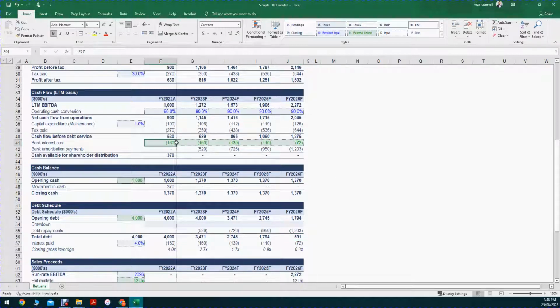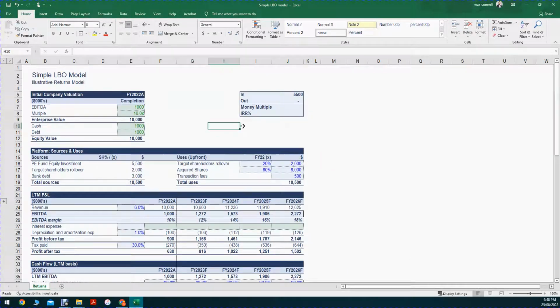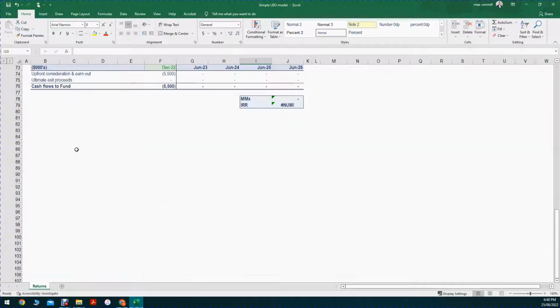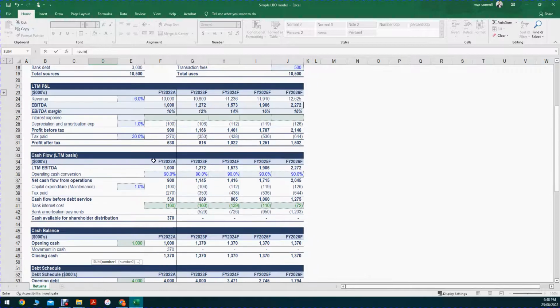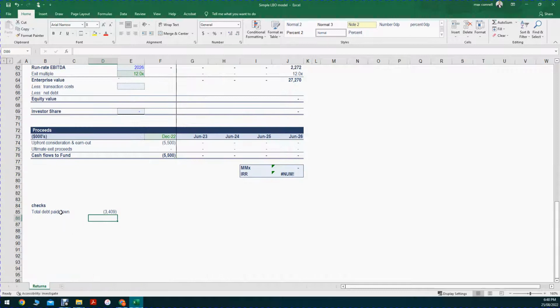However, if we found out that we were actually paying down more than the debt amount, we'd need to actually put in a formula to prevent that. But for now, because we just want to keep it simple, we can just put some checks down the bottom. The first check is going to be total debt paid down, versus total debt amount.